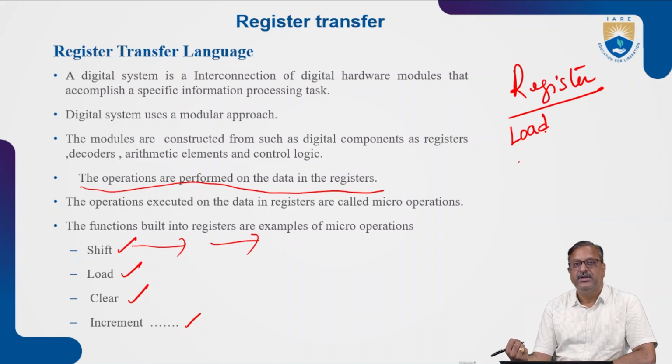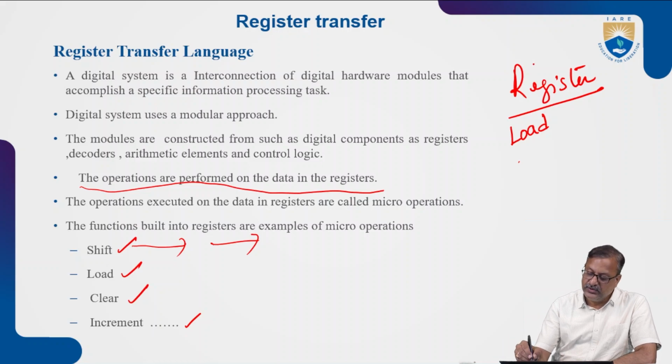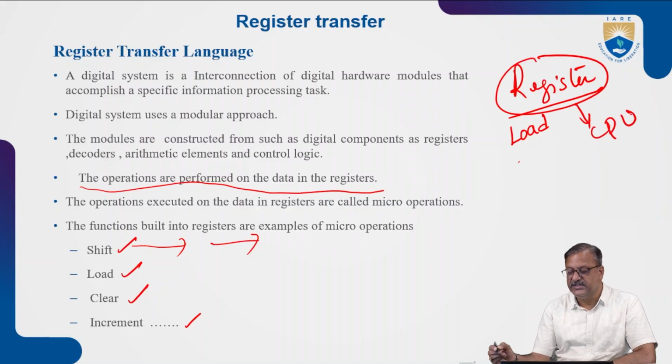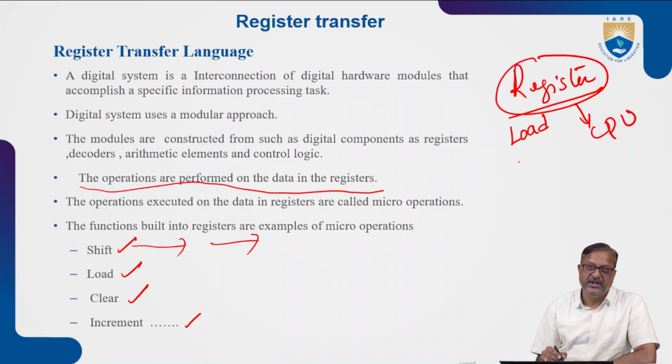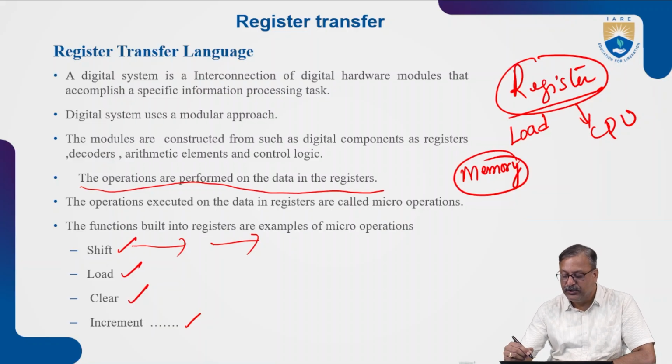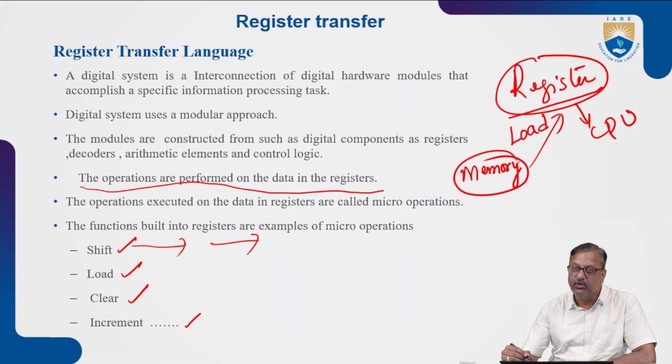Reading data from memory to registers means these registers are part of the CPU, the central processing unit of the digital system. Now there are limited registers. The main data storage is in the memory. Whenever the present data operation is completed in the digital system and a new data operation has to be performed, that particular data you have to read from the memory to the registers.